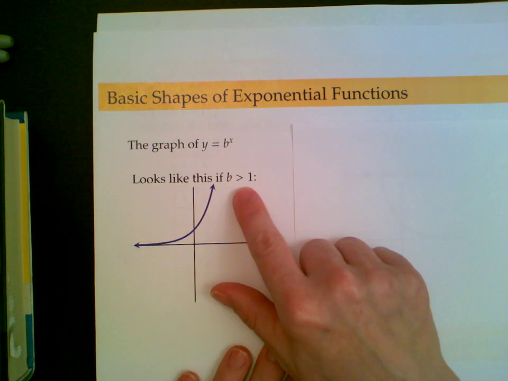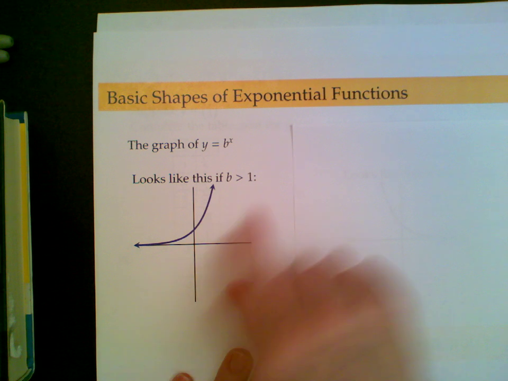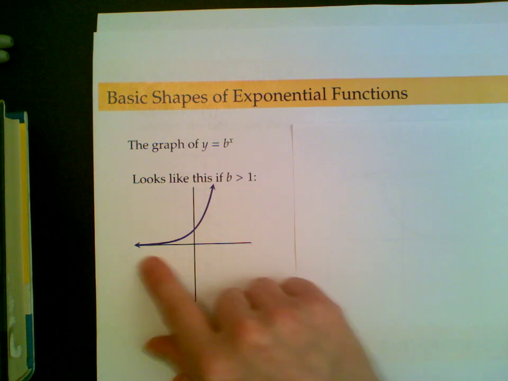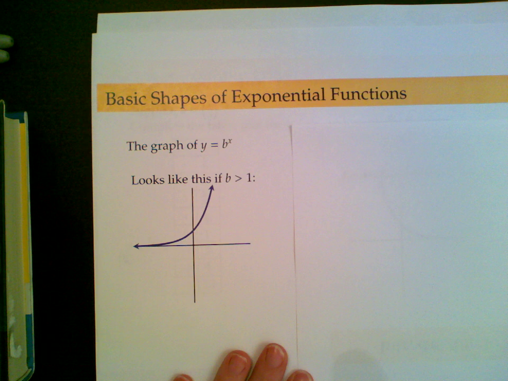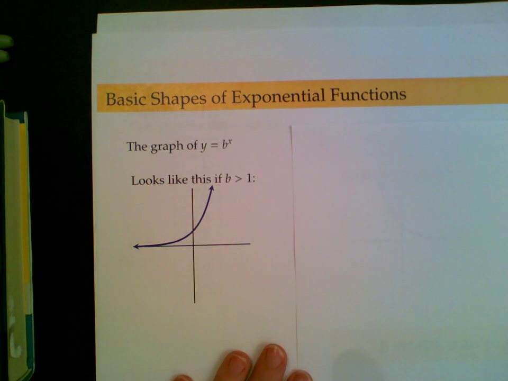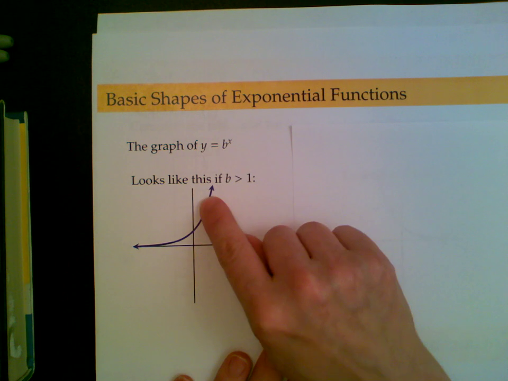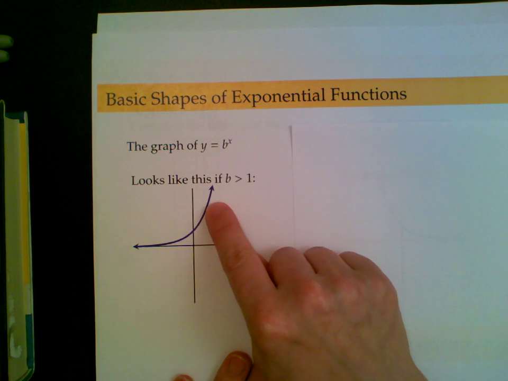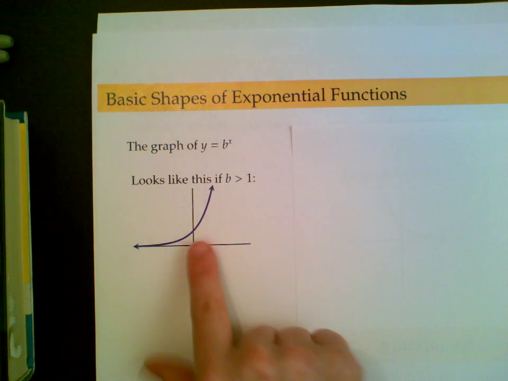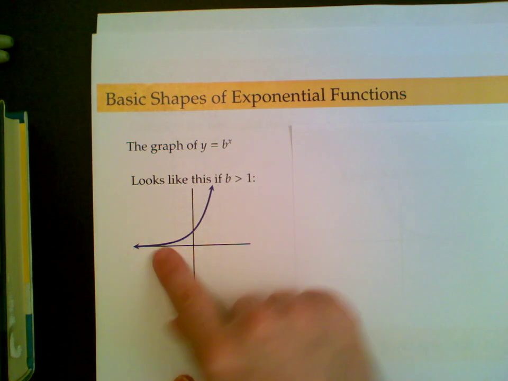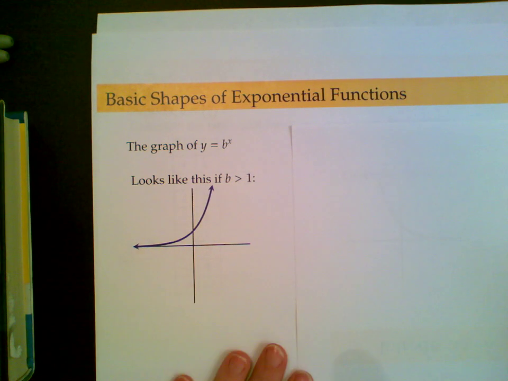Remember, b can't be equal to 1, but if it is greater than 1, it's going to have the general shape of y equals 3 to the x. It may be slightly steeper or less steep, but it will have the same end behavior: as x goes to positive infinity, y will go to positive infinity. As x goes to negative infinity, y will go to 0.